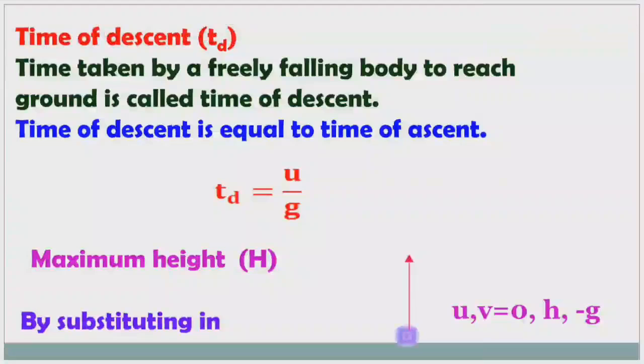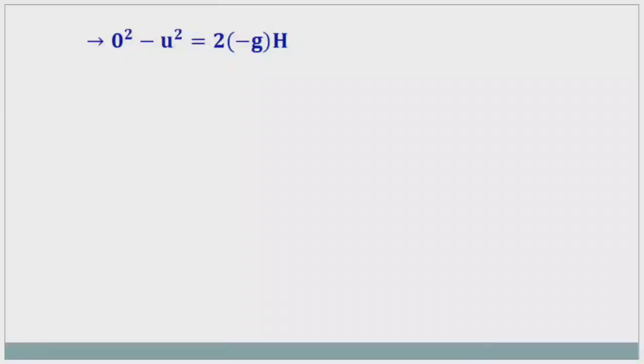So by substituting these values in the third equation, v square minus u square is equal to 2as. v is 0, so 0 square minus u square is equal to 2 into a, which is minus g, into s, which is h.